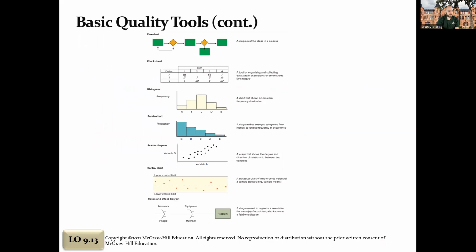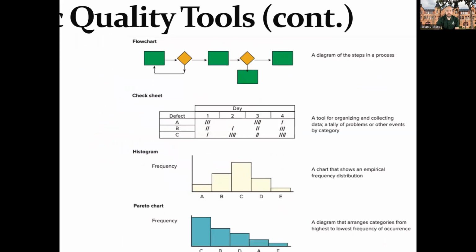Let me zoom in here. So a check sheet we use as part of a histogram. So every day, product A had 3 defects, product B had 2 defects, product C had 1 defect, right? So it's a tally sheet so that you can keep track of it, and we can do that electronically nowadays.